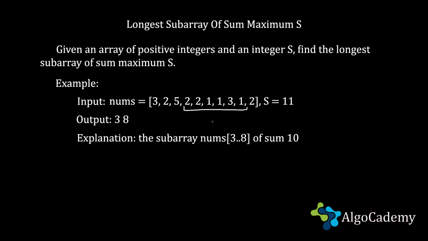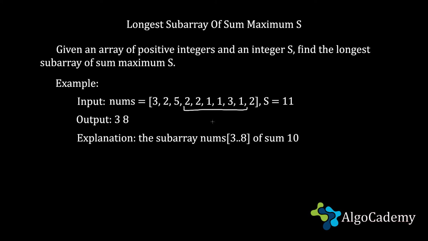We should find the subarray which has two specific properties, right? First one, sum at most s. Second one, it has to be the longest. And again, we have solved this type of problems. There are hundreds of them.